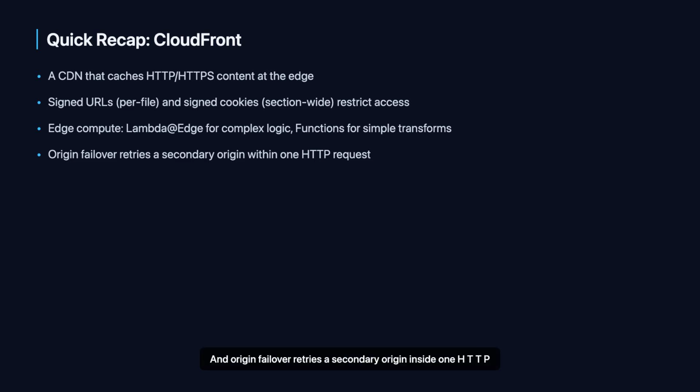And origin failover retries a secondary origin inside one HTTP request, triggered by default on 500 range errors and timeouts, with optional 4XX codes configurable on top. Every one of those is an HTTP story. Now watch what changes when the traffic isn't HTTP at all.